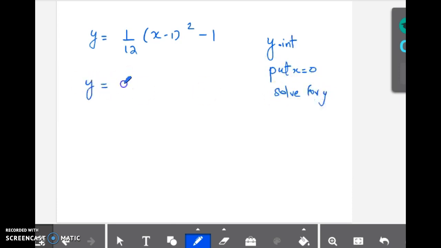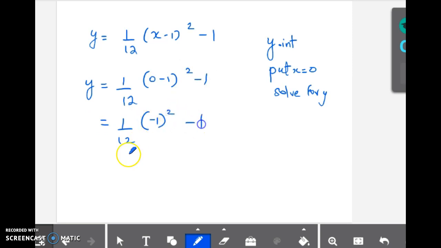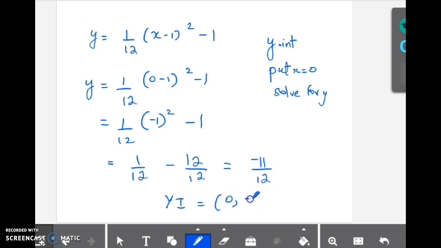For that, 1 over 12, instead of x you put 0, the whole square minus 1. So you get 0 minus 1 is negative 1. Negative 1 square is just 1. So you just get 1 over 12 minus 1. 1 can be written as 12 over 12. And you get your answer as negative 11 over 12. So the y-intercept will be 0 comma negative 11 over 12. That's it.